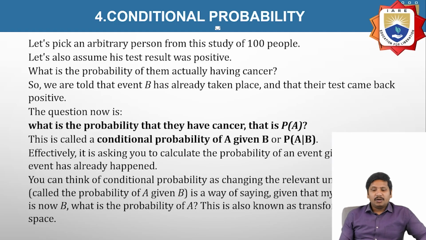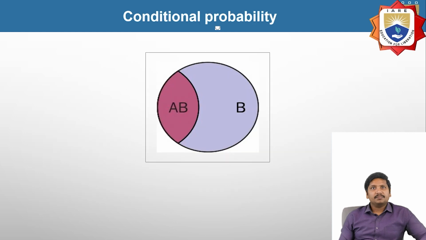In this one, I'll present conditional probability. The probability that someone has cancer we can call the probability of A, and the conditional probability of A given B can be written as probability of A given B. Effectively, if I want to calculate the probability of an event given that another has already happened, I calculate it like this.